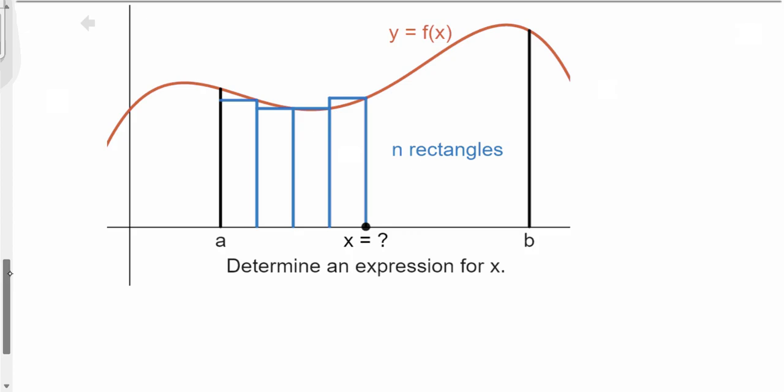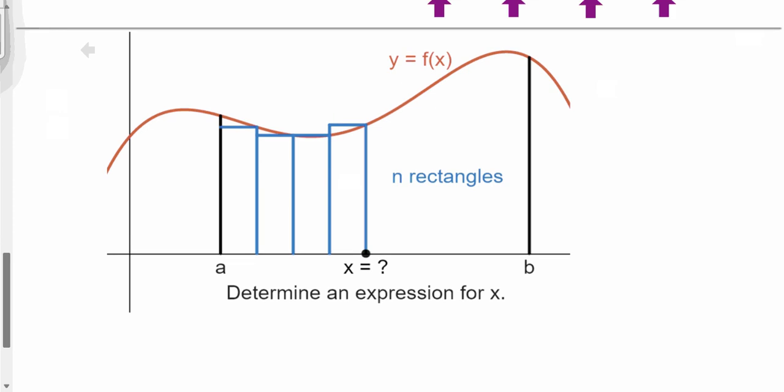Think about it. Talk to your neighbor about it. See if you can come up with an expression, and then we'll do it together. Anybody have an idea of an expression? Yep.